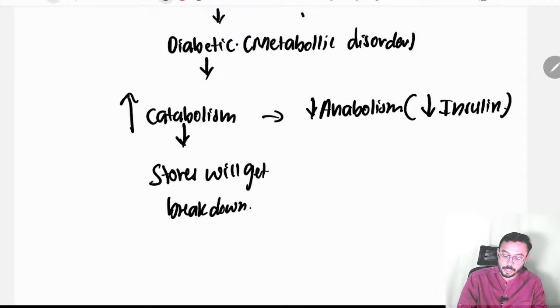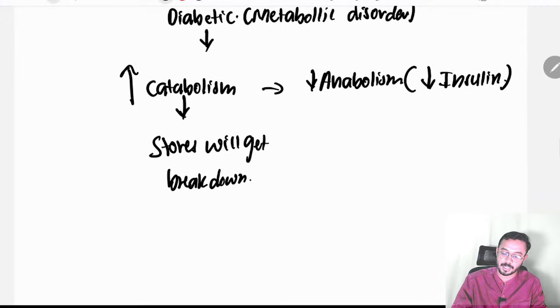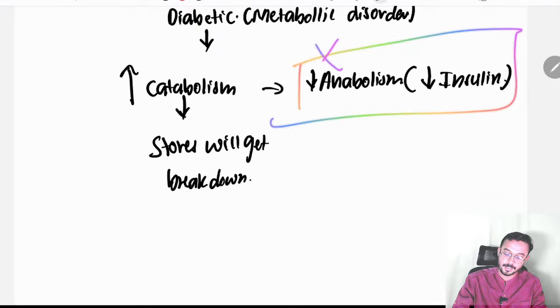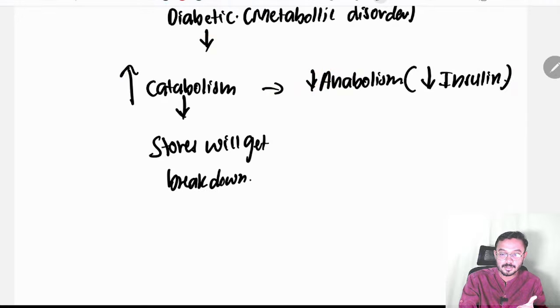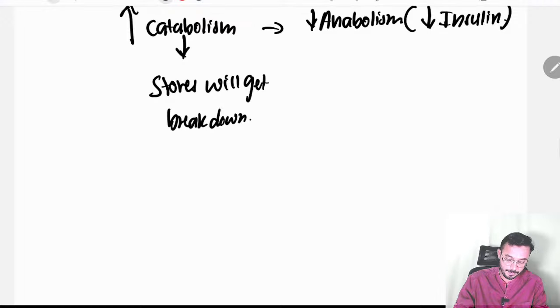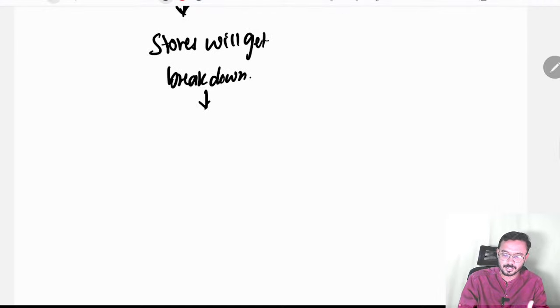I will explain what we mean by these stores. Remember, insulin is increasing anabolism and contrarily there is an increase in catabolism. So that's why this is known as a metabolic disorder. There is a lack of coordination between catabolism and anabolism. Okay, so stores will get broken down. So what are these stores?